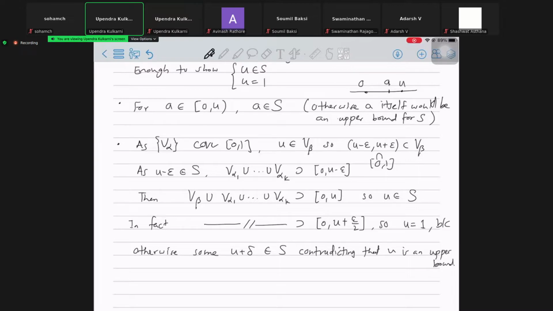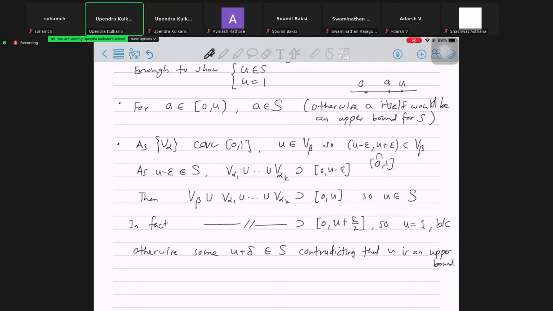So if I give you a cover, can you tell me, take these sets? We started in this direction last time. We said that we'll take 0, and then there will be some open set containing 0. That will allow you to go some distance into the interval. Take that distance.